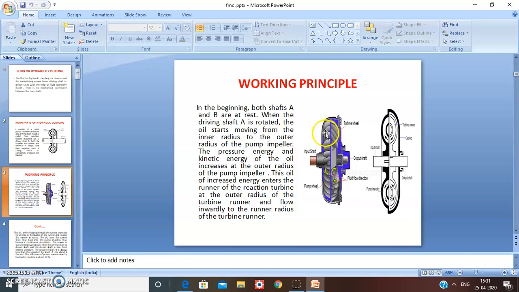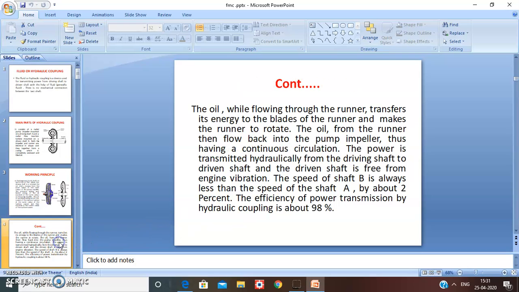When the fluid comes out and strikes the blades of the turbine, the turbine starts. The oil, while flowing through the runner, transfers the energy to the blades of the runner and makes the runner rotate. The oil from the runner then flows back into the pump impeller.